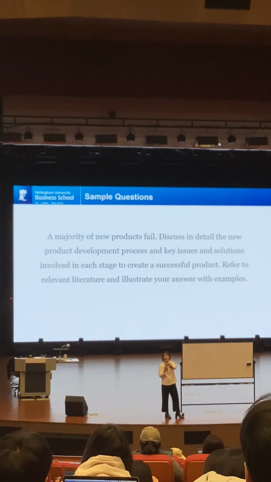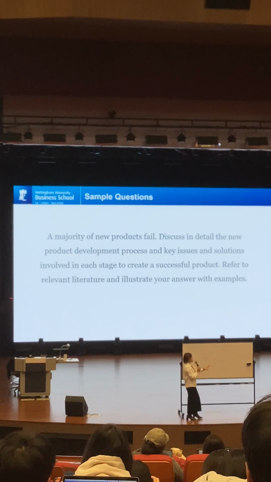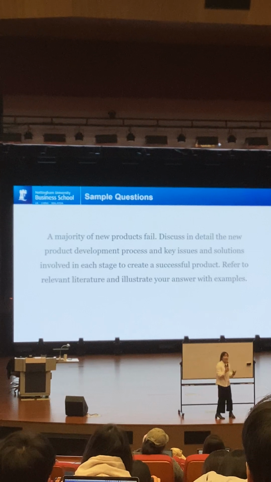As long as you can cover all the key points, either structure is okay. I will not restrict you to one specific structure, but as long as you have answered all the components of the question, that would be okay.